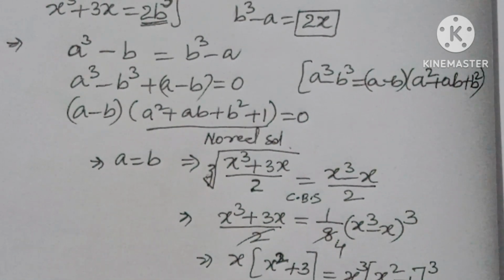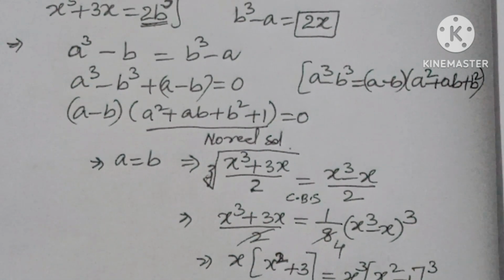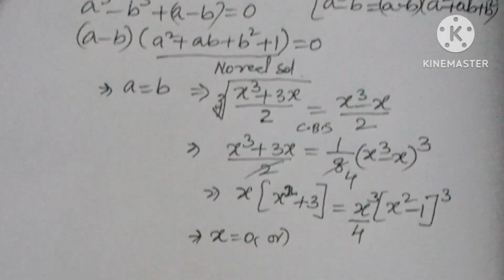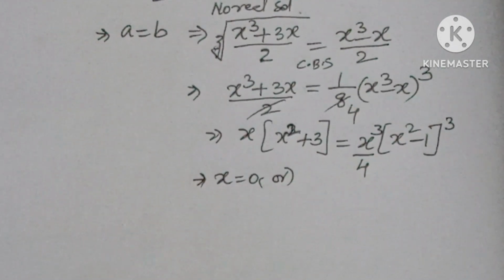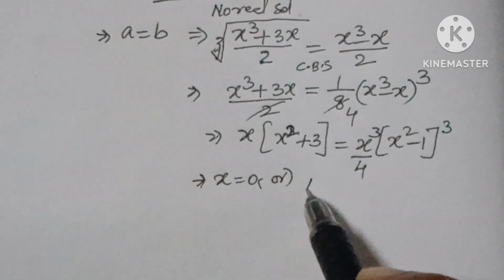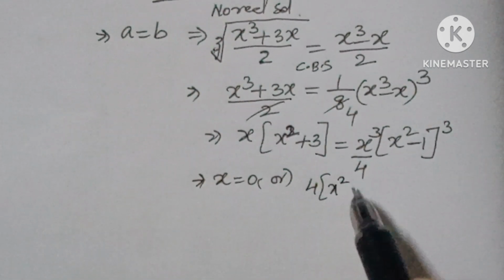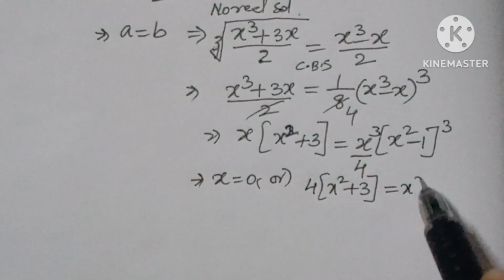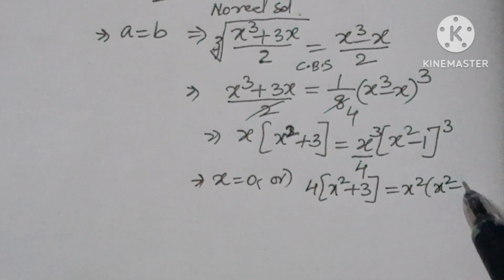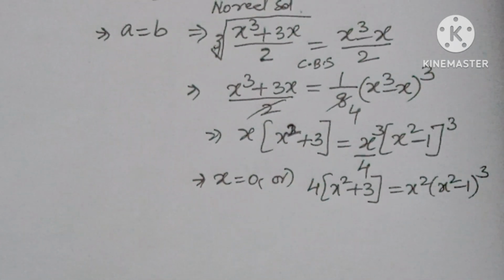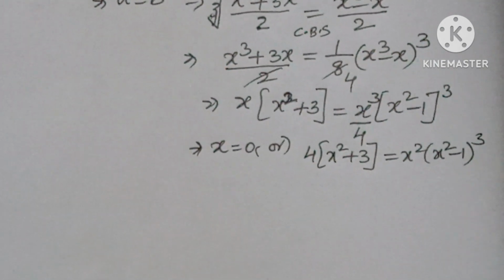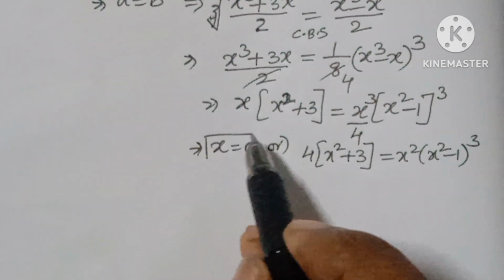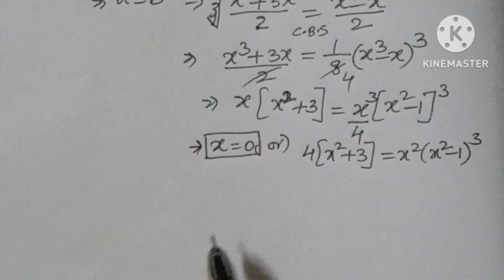So x is equal to 0 or 4 times (x squared plus 3) is equal to x squared times (x squared minus 1) whole cubed. So x is equal to 0 is one solution.